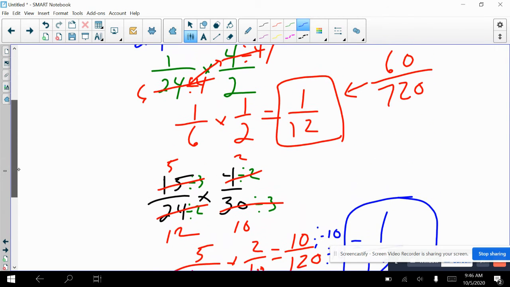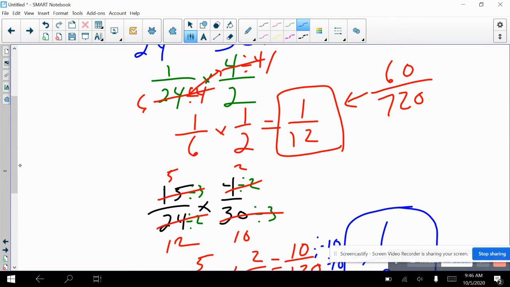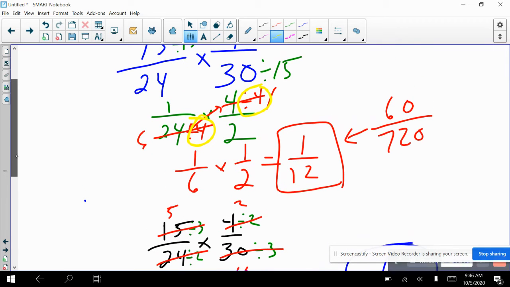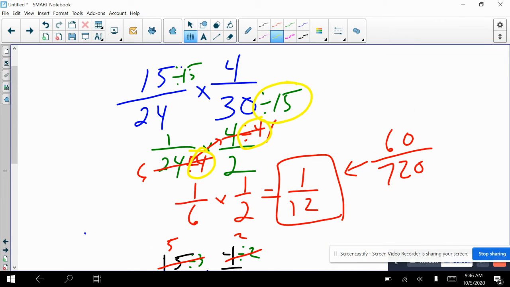Okay, so what do we call up at the top here that we did? If we divided by 4 up here, which we did, and we divided by 15 up here, what are those numbers called? Do you know what those are called? Those have a name to them. Anybody remember?